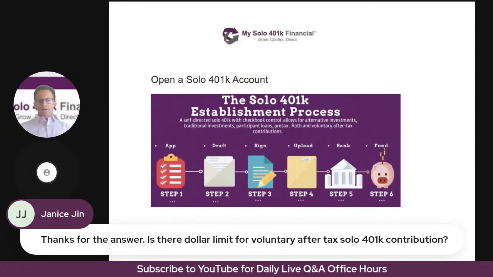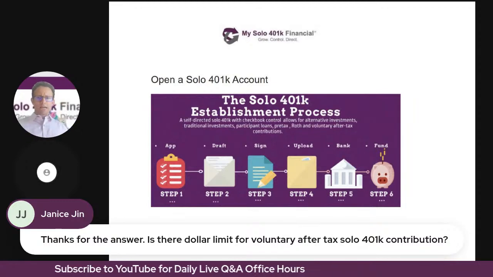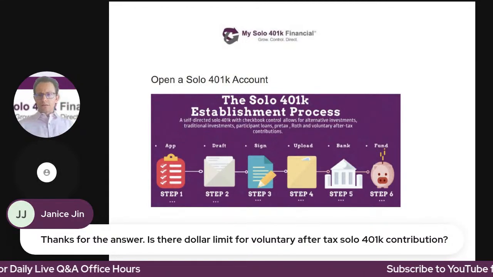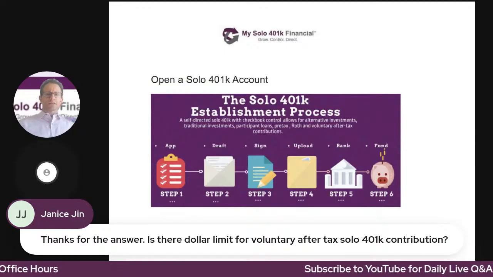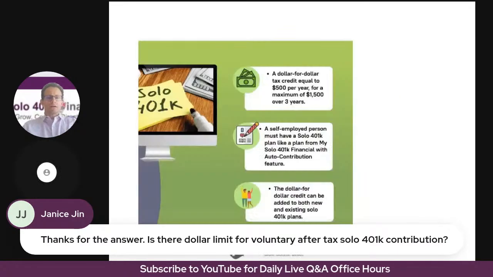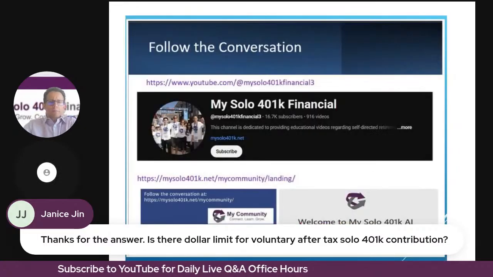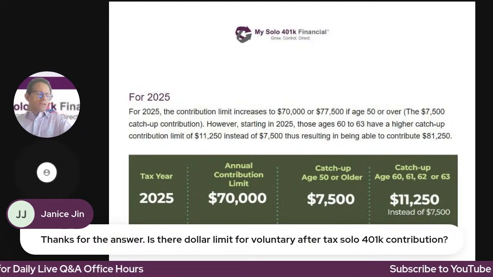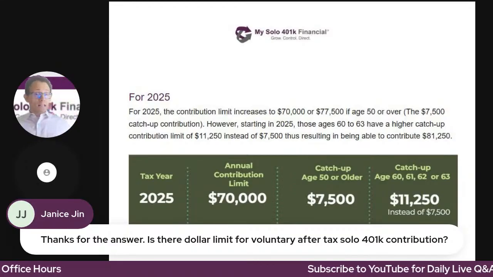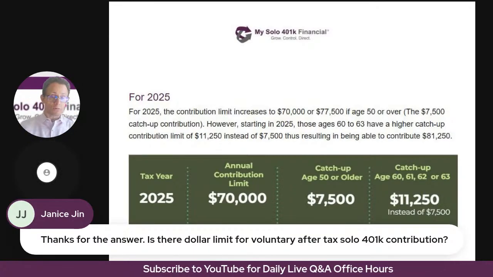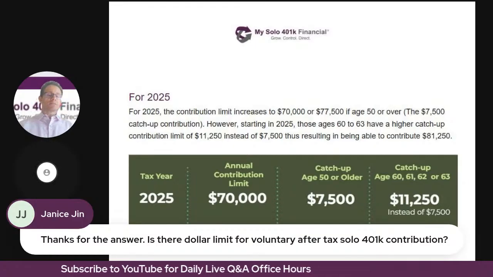Is there a dollar limit for voluntary after-tax solo 401k contributions? Yes, there is a limit. It's the overall limit for the year. So for tax year 2025, the overall limit that you can contribute to the voluntary after-tax solo 401k bucket as part of the Mega Backdoor Roth is $70,000.